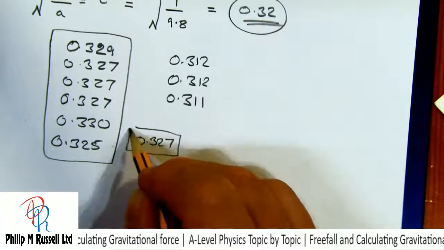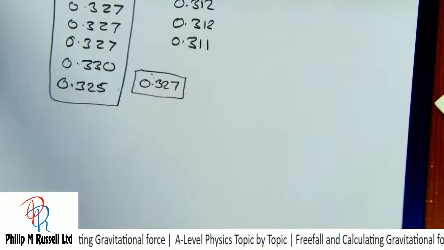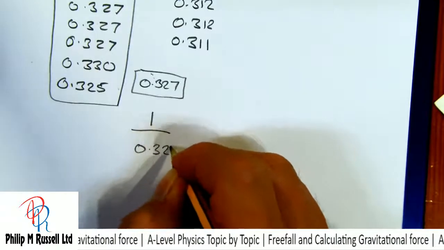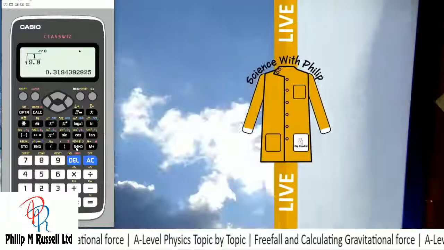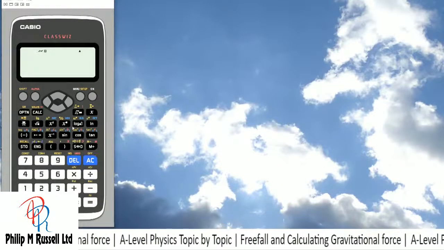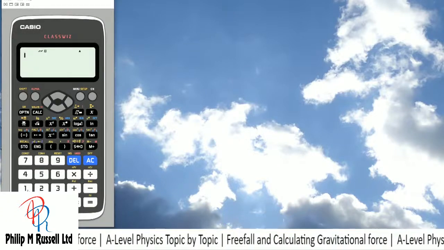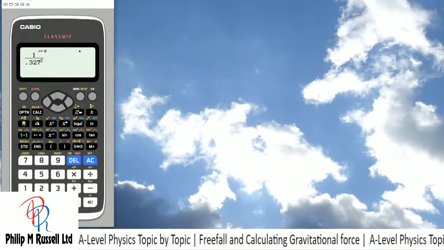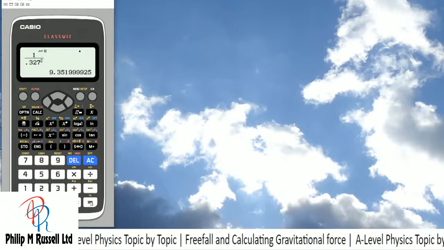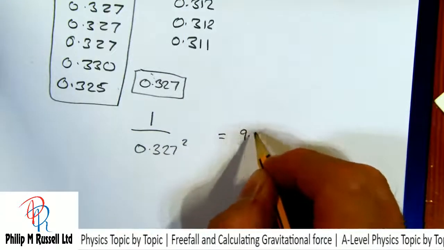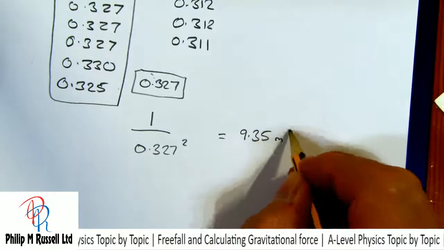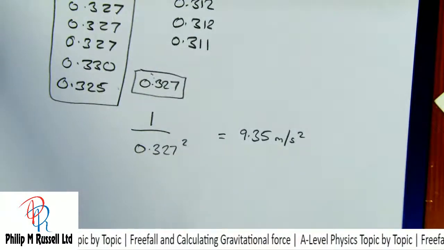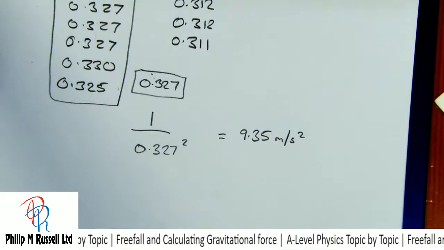And if we use that value in our equation, which is going to be basically 1 over 0.327 all squared, we're going to get a value here of about 9.35 meters per second squared. But that doesn't answer the difference about the two ball bearings.